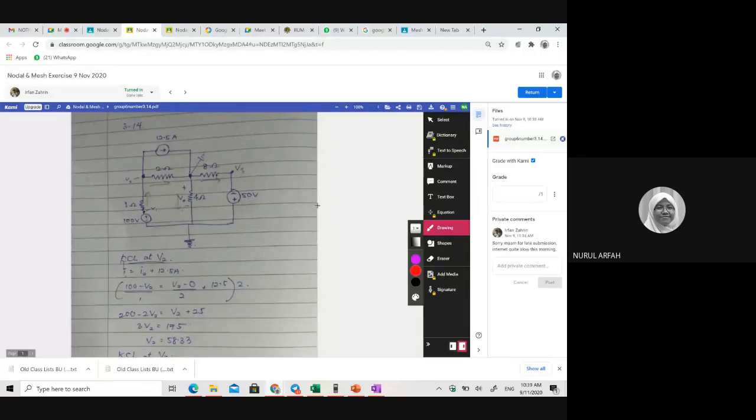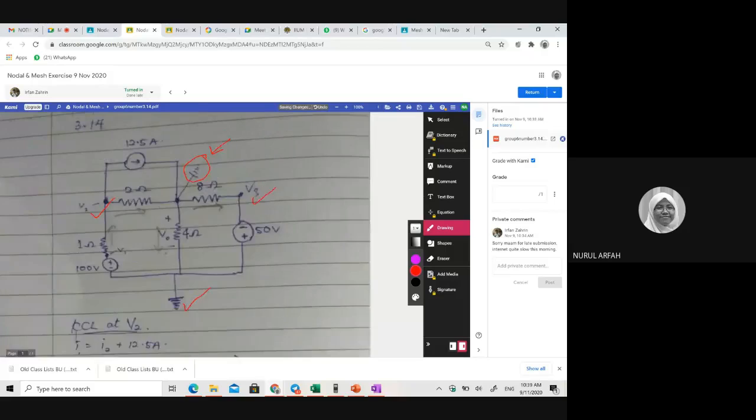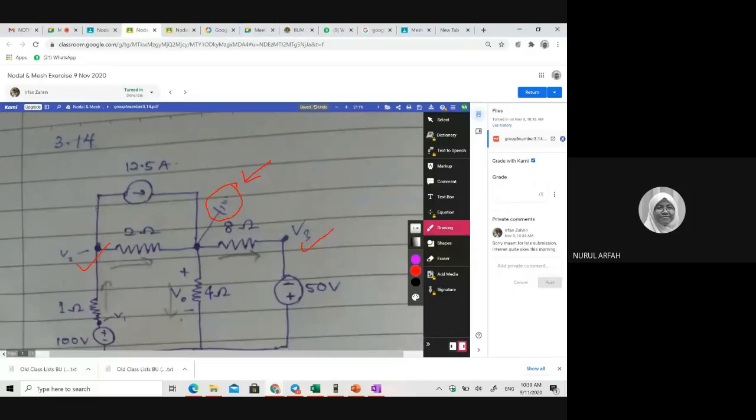Okay, since this is nodal, so I will look at this one first, reference point. You can see, right, red color? And then I will look at the point here. Ini apa ni? This is V1. Irfan, what is this one? That's 2 now.